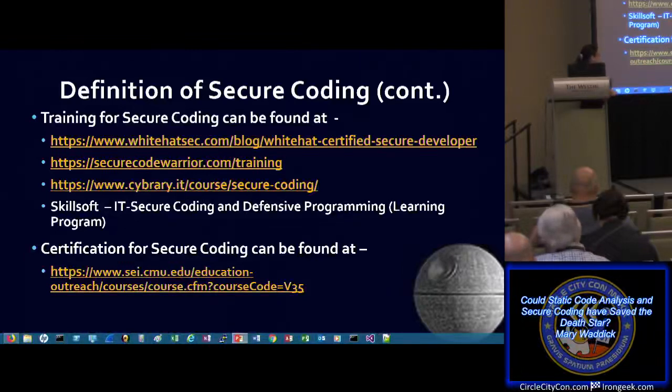This one is a certification you can get from SEI. It's a Certified Secure Developer. Yes, sir? Can I take a picture of this slide? Sure, go ahead. This Certified Secure Professional is only for C and C++. They do also have one for Java, if you want one for Java, but this one's for C and C++.